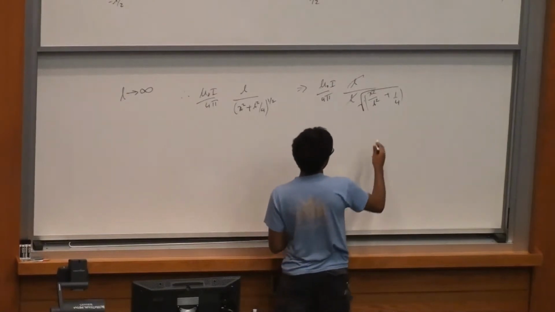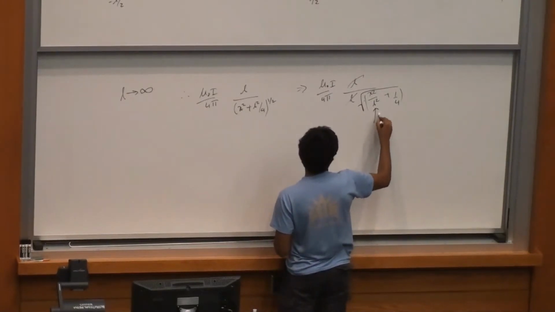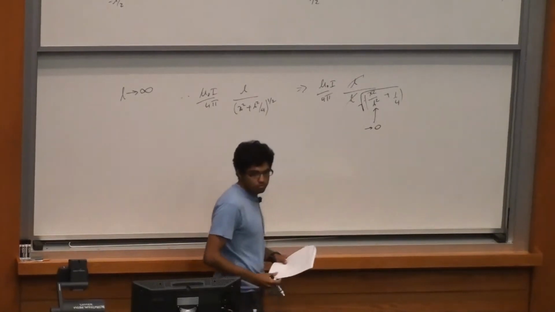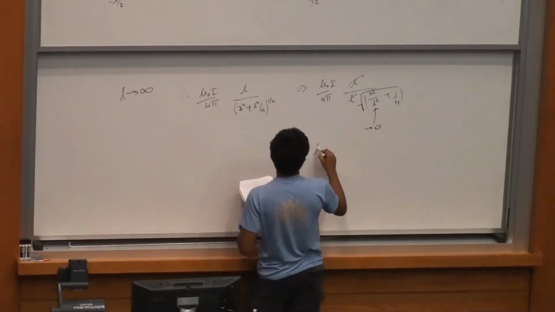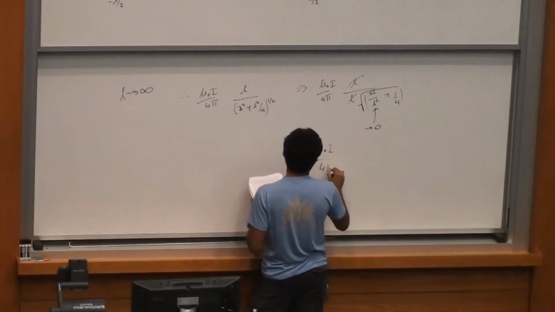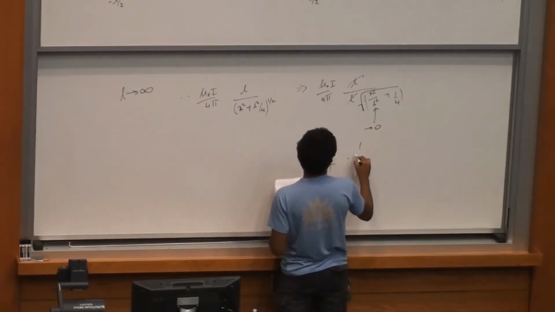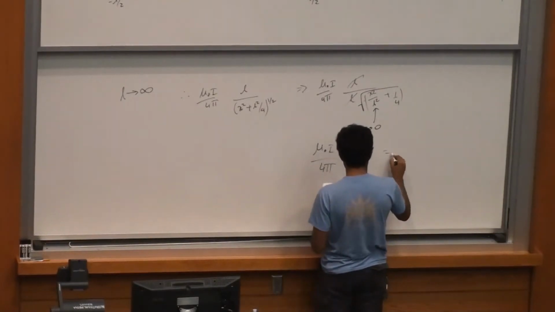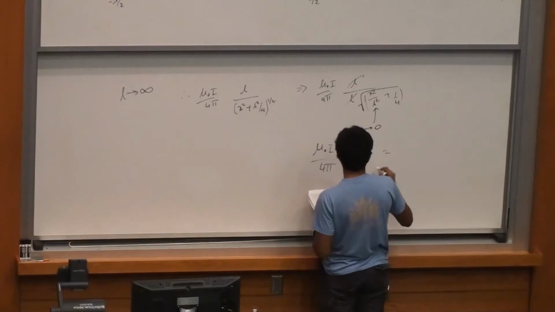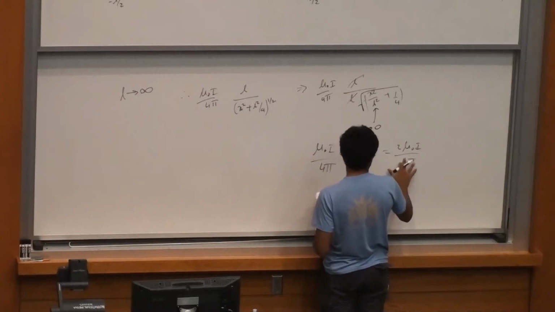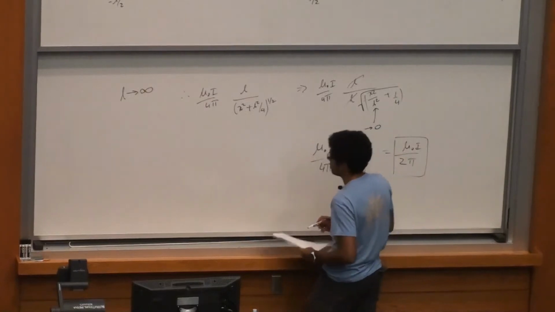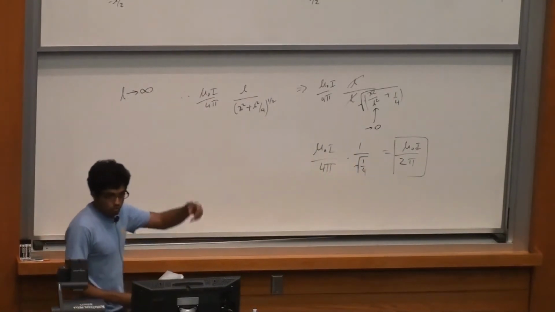So as L approaches infinity, this term goes to 0. So what I end up with here is mu naught I over 4 pi times 1 over square root of 1/4, which is 1/2. So I'm essentially multiplying this by 2. So I get mu naught I over 4 pi. Cancel out the 2. So that's my magnetic field when the wire is really long.